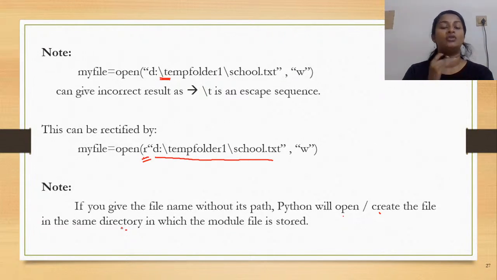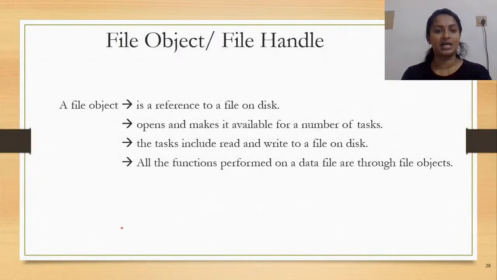From that directory, it will either search whether such a file exists, or it will create it based on the mode in which the file is going to be created. Okay. So this is how things would follow. Now I have just mentioned the raw string example so that you would understand such a provision is also there in the language. Okay.